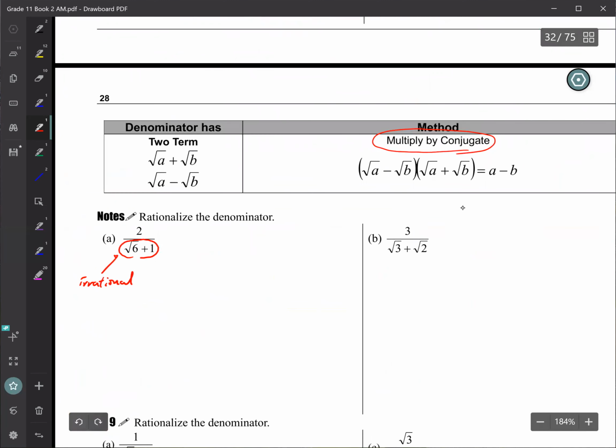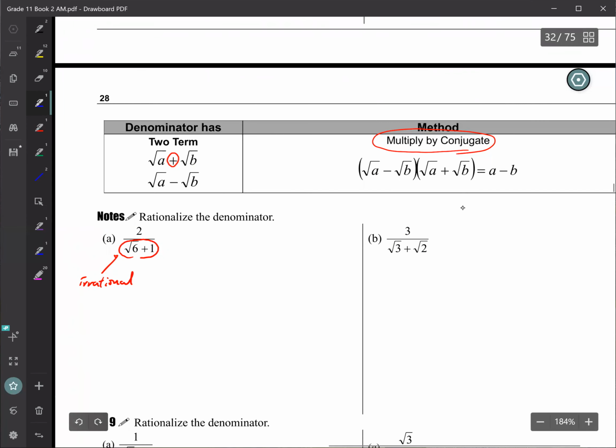If your question has an adding, then you will multiply by the pair that has subtracting, right? Because it has to be adding and subtracting, then multiply to create the third formula.